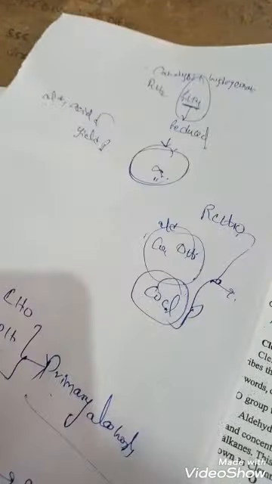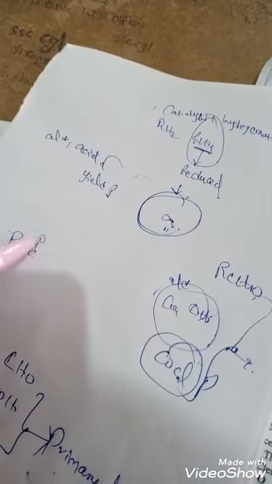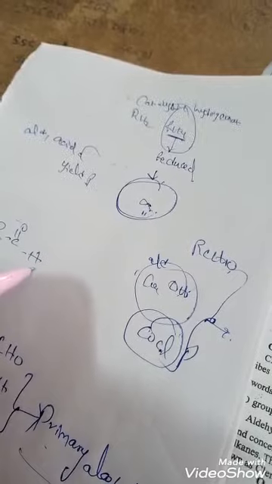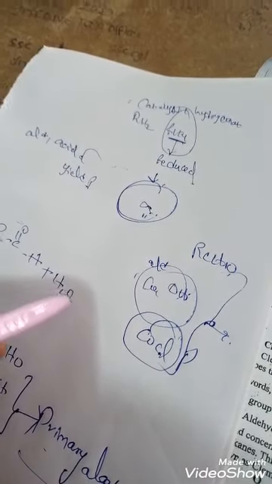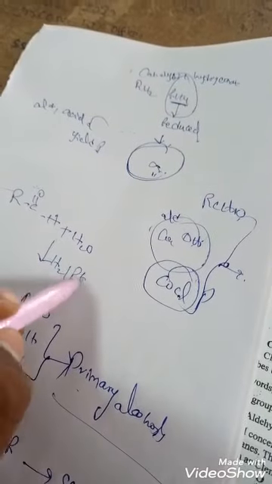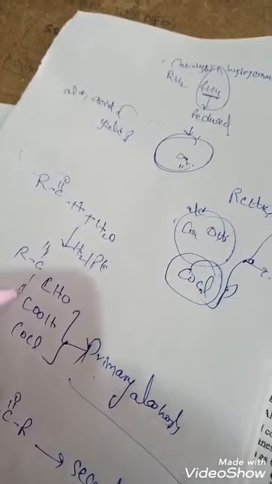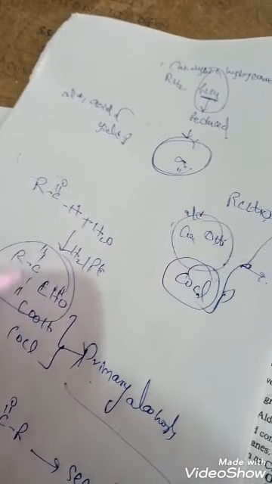In that, RCHO plus H2 in presence of Pt gives RCH2OH. This is the primary alcohol.